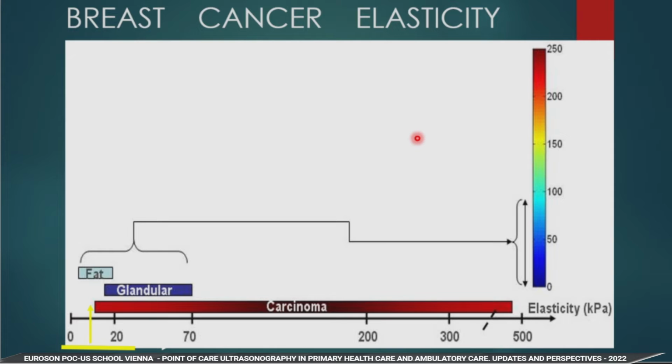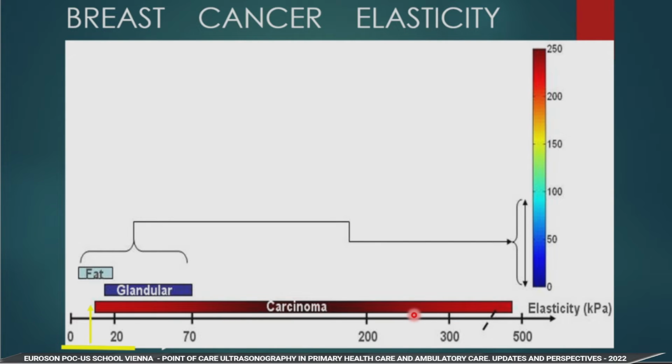And the specificity of the Shear, they give you results with a number of kilopascal. That's something very, very precise. And you know that the fatty tissue corresponds to 0 to 20 kilopascal, the glandular tissue up to 50, and then over is highly suspicious of carcinoma.